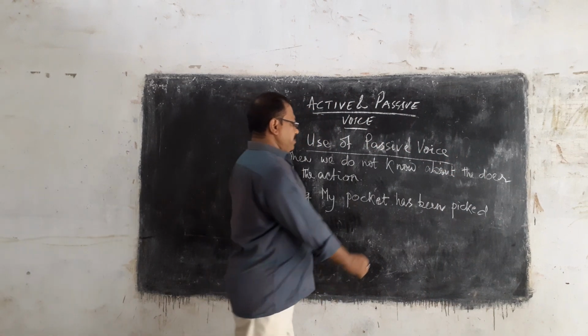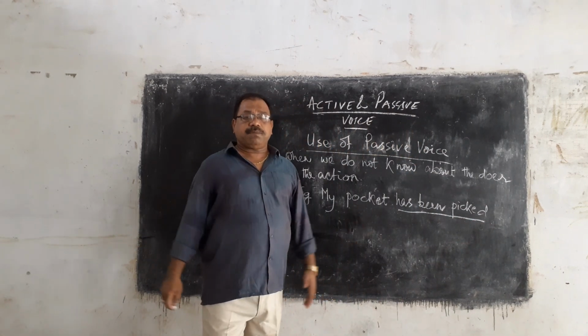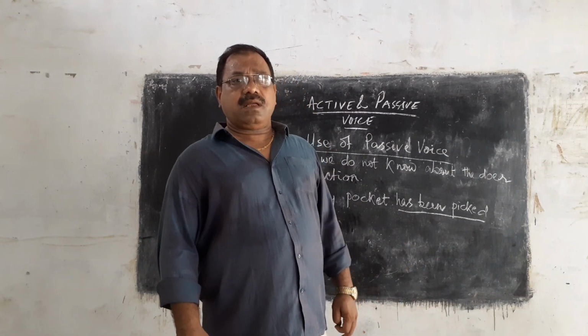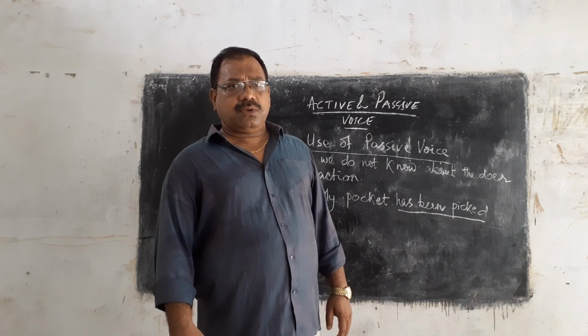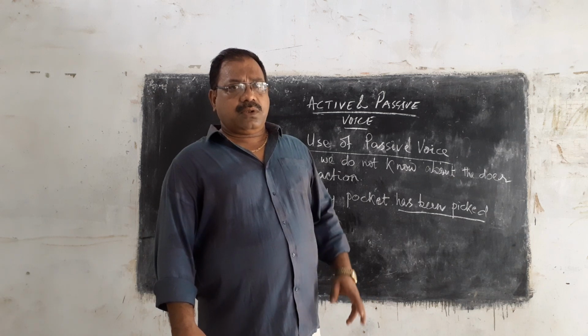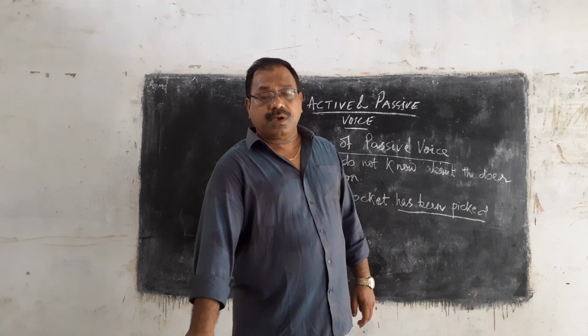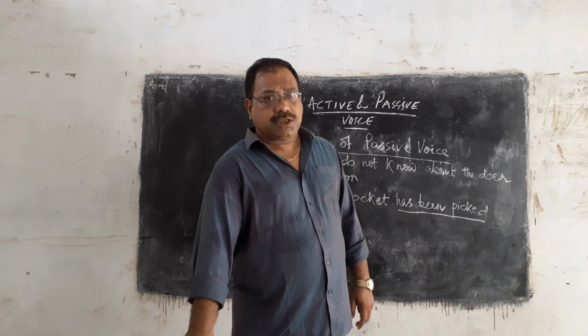Who has picked my pocket? Who is the pickpocket? We do not know. So in this case, when we do not know about the doer of the action, we use this passive voice.